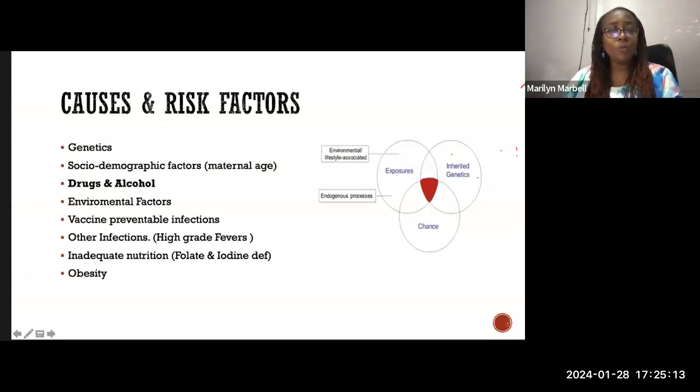Okay, so basically, we've talked about the genetics, now something like socio-demographic factors. We know that high maternal age: the older a woman grows, the more at risk you are to get genetic differences and spelling errors in your babies. Something called consanguinity.